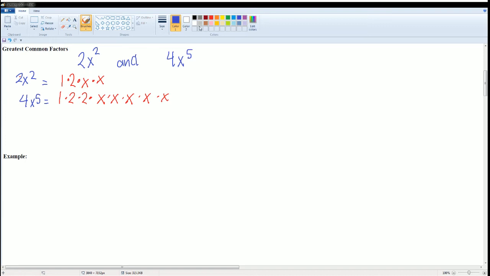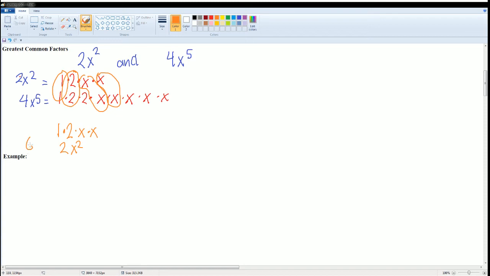Look at the factors that they have in common. Ready? They have the number 1 in common. They have the number 2 in common. Do they have any other 2's? No. Then they have this x in common, and this other x in common. So 1 times 2 becomes 2, and x times x becomes x squared.